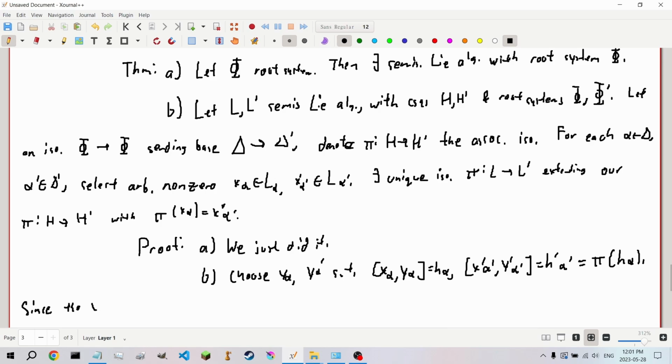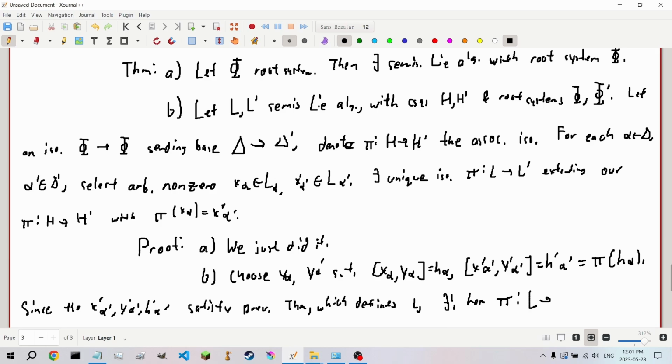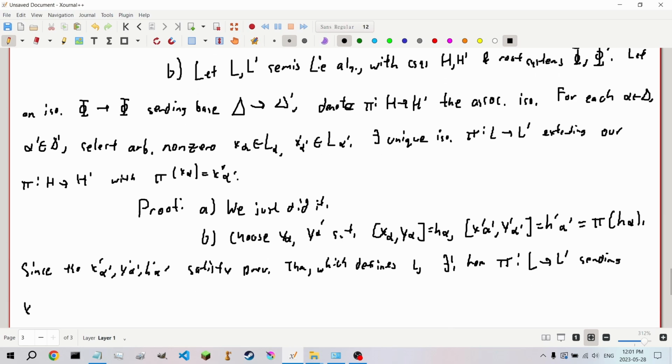Since the x prime alpha prime, y prime alpha prime, h prime alpha prime satisfy our previous theorem, which defines L, there is a unique homomorphism pi from L to L prime, sending each x alpha, y alpha, h alpha to x prime alpha prime, y prime alpha prime, h prime alpha prime. Why do I always call H Z?